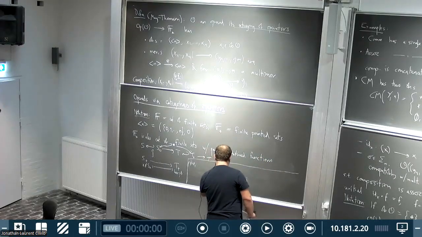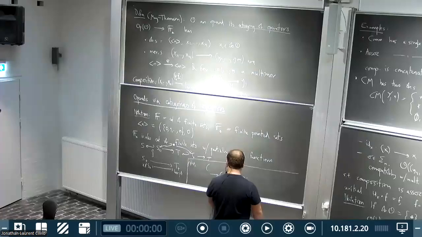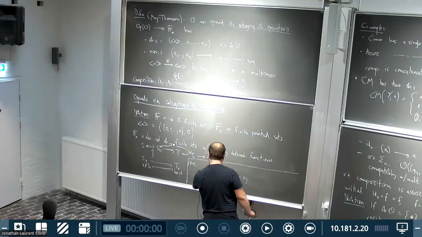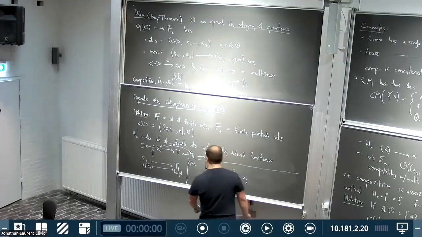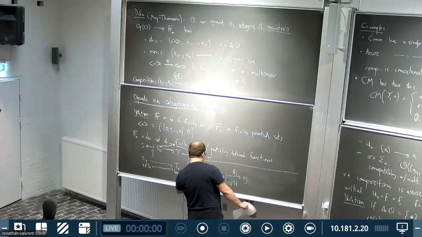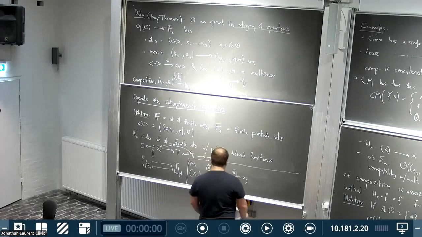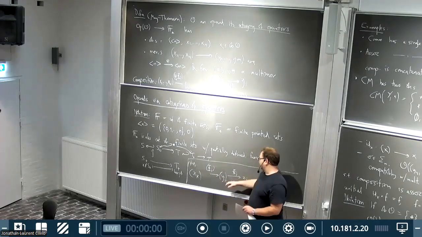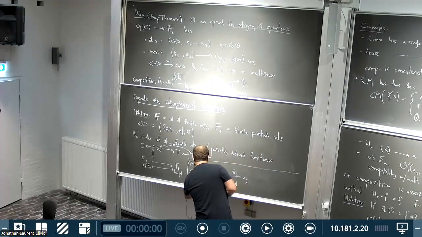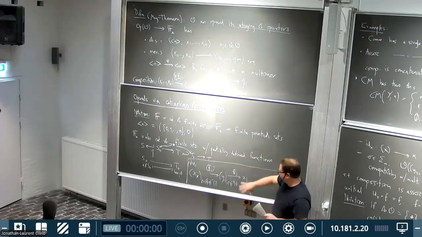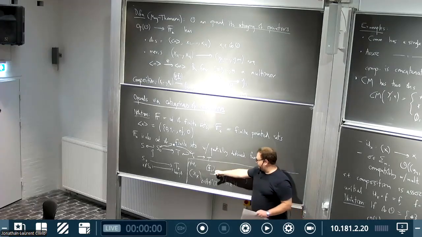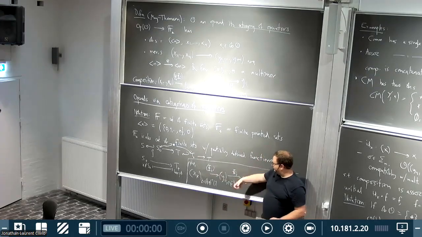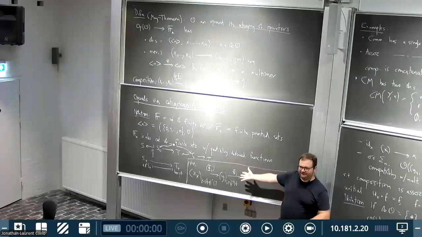So here I can take the collection of multimorphisms phi i, and the input will be a collection of xk such that k is in the pre-image under the little phi of each of these i's, which is the same thing as saying that k is in phi inverse of i. And so the point is that this is a list of multimorphisms, and this is a single one, and then I can compose this stuff in the operad.